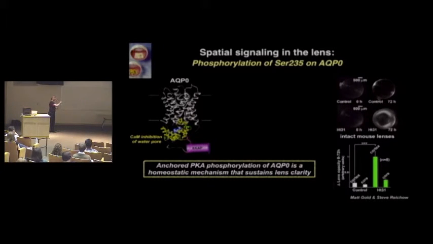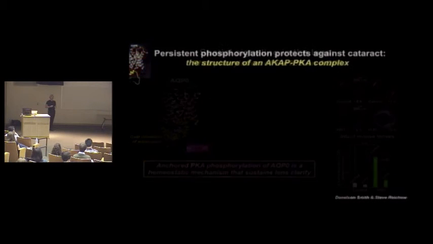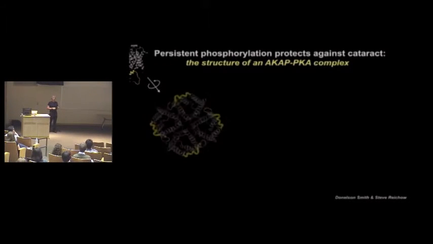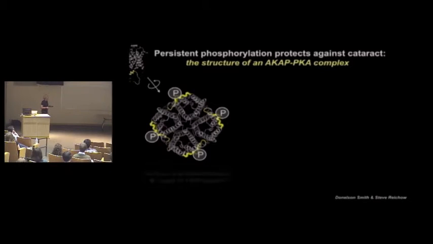So this potentially clinically relevant finding leads to a very basic question about phosphorylation. Not just the mechanism of action of phosphorylation, but how does this happen. Here's our channel again. Here are our phosphorylation sites.